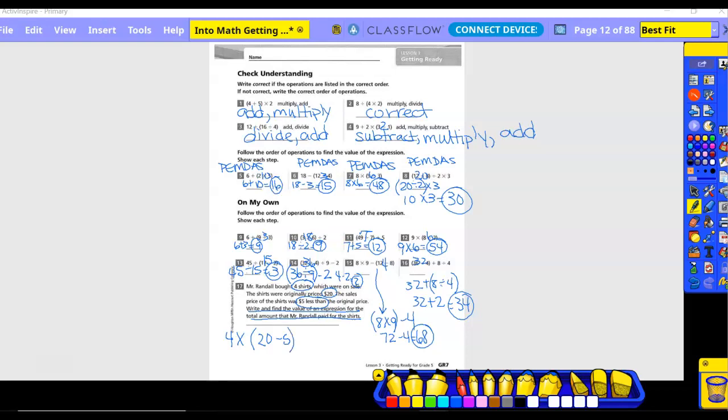Yeah. Okay, now I did go ahead and put in parentheses. Why did I put it in that parentheses? Do I need to take 20 minus 5 first? Yeah. Because if I took 4 times 20, that would get me 80, and then subtract 5. Would that give me the right number? No. So I'm going to do 4 times, what's 20 minus 5? 15, right? What is 4 times 15?